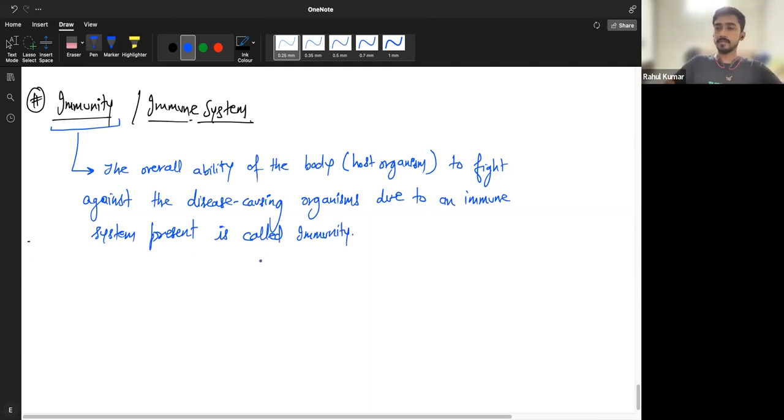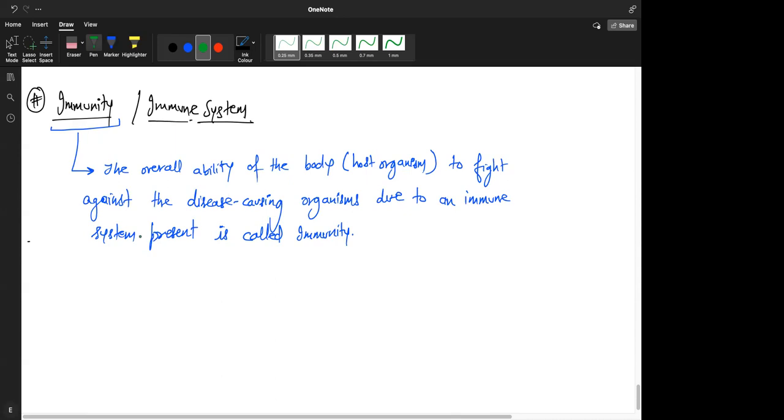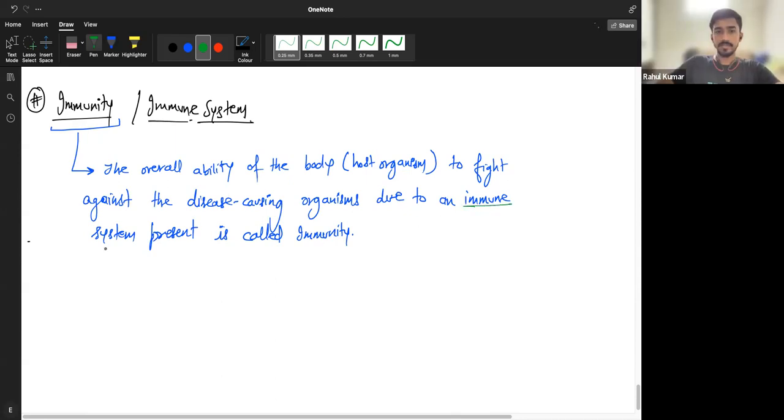Does the definition make sense to all of you? Is everyone clear with this definition? Yes, sir. Now, let me come to this thing, due to an immune system present. So what is this immune system?